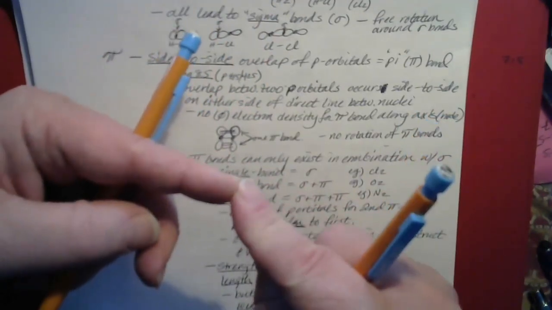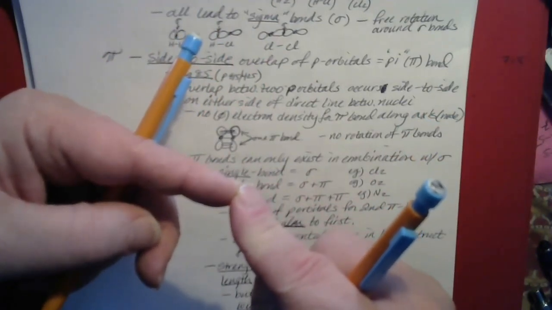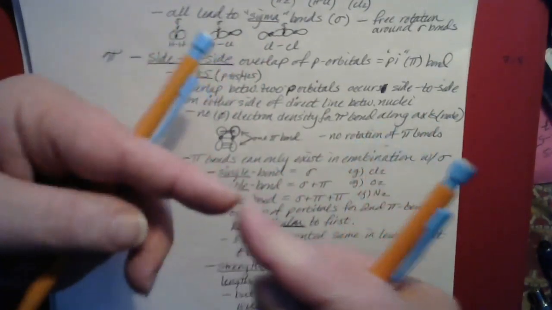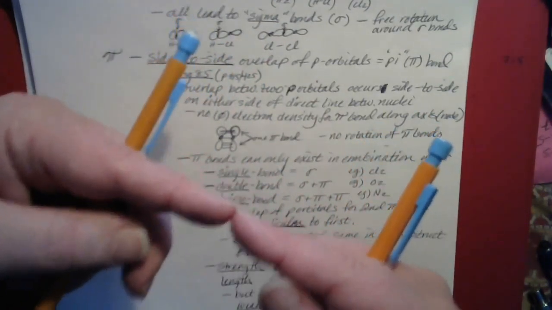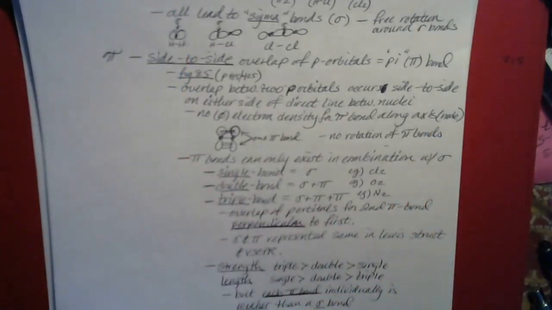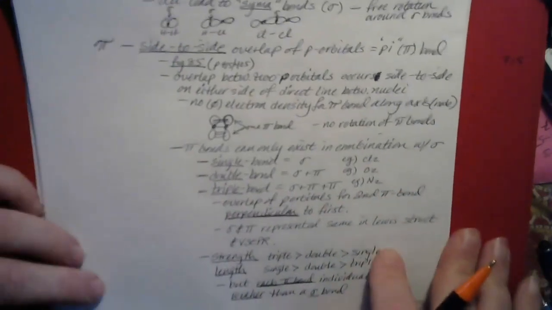If I rotate one of them, they're out of alignment and they can't overlap anymore. So there's no rotation around a pi bond. Once the pi bond forms, the electrons hold the atoms in place. You can't rotate them without breaking the bond, and that's not easy.